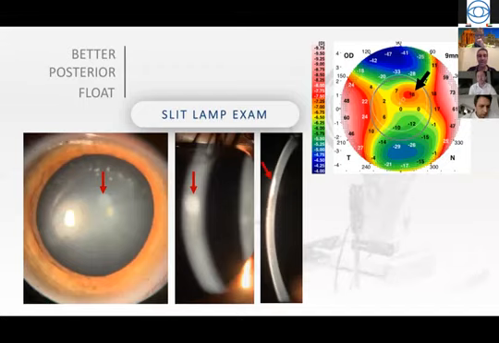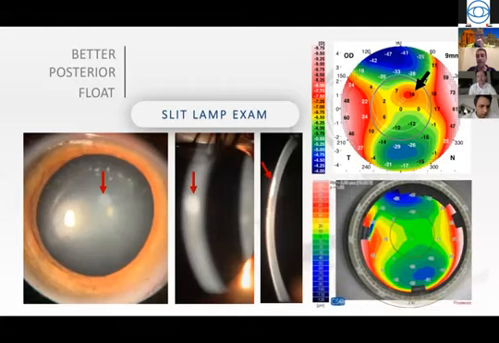We need to look at the slit lamp exam at the same time and make sure that there's nothing wrong. If you look at the OCT best fit sphere of the MS39, we see that it's completely clear. There's no artifact, there's no elevation, so this is pure artifact. Interestingly, Theo Seiler has spoken about this before, not exactly this example, but about how OCT was less liable to scatter than Scheimpflug.